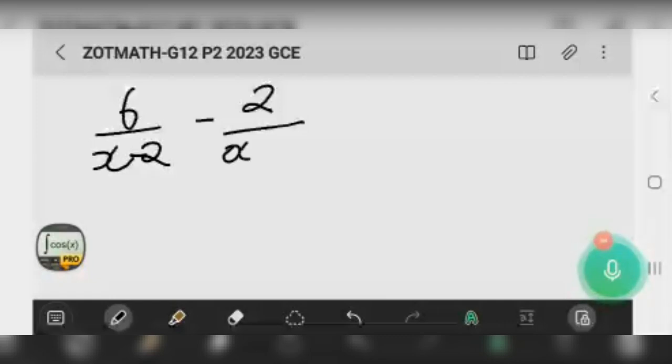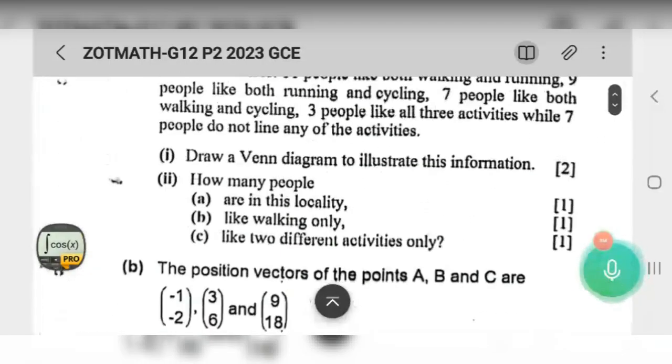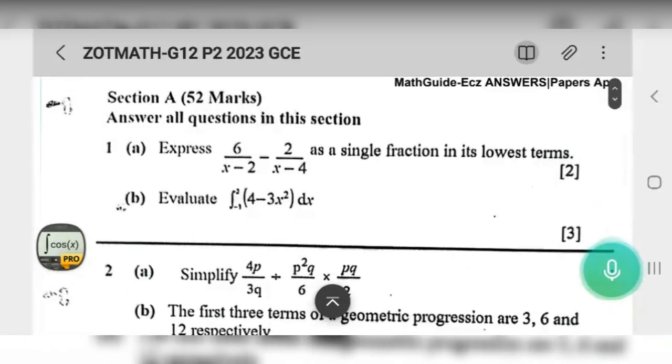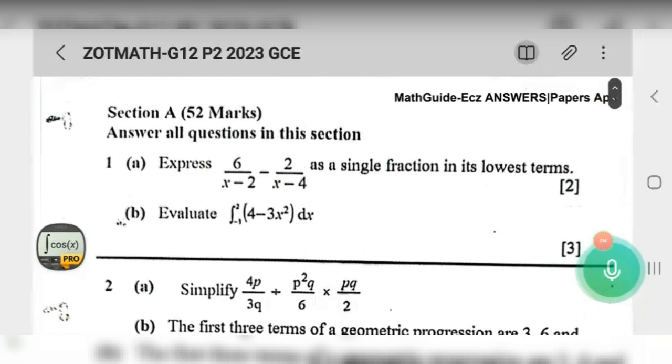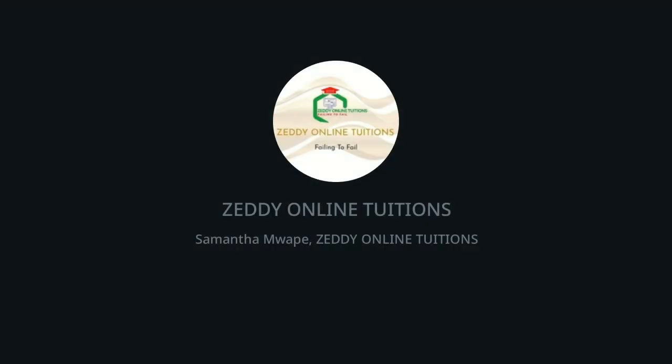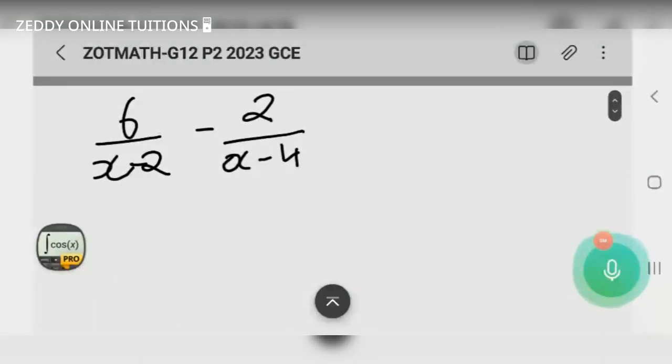Let's check. Yeah, you see? So now that is the question.